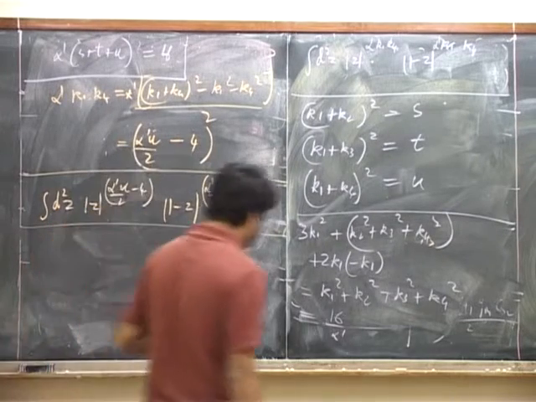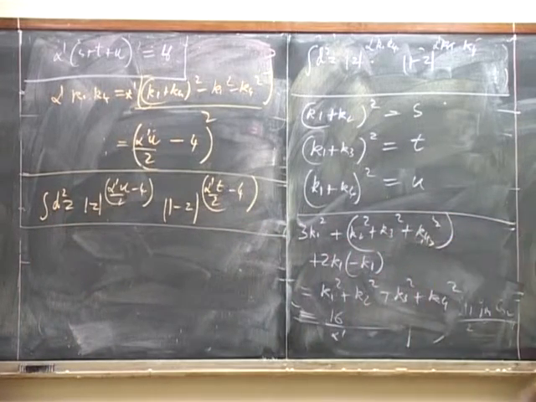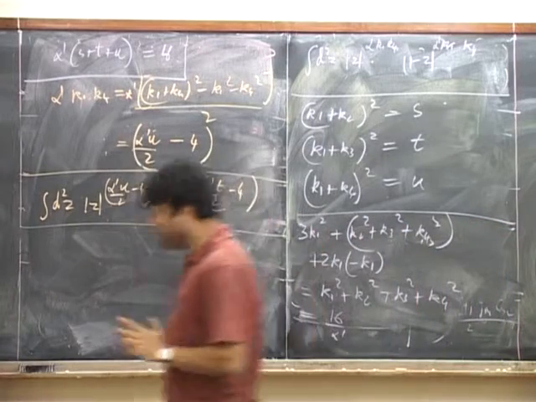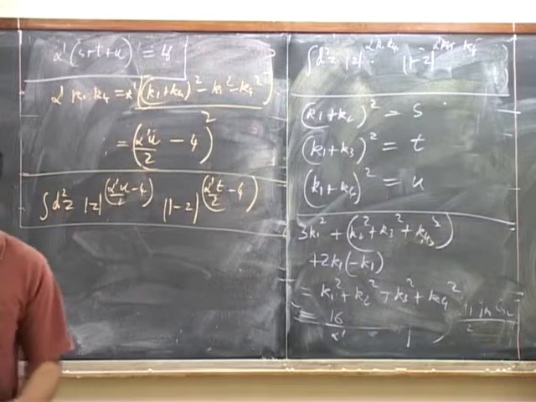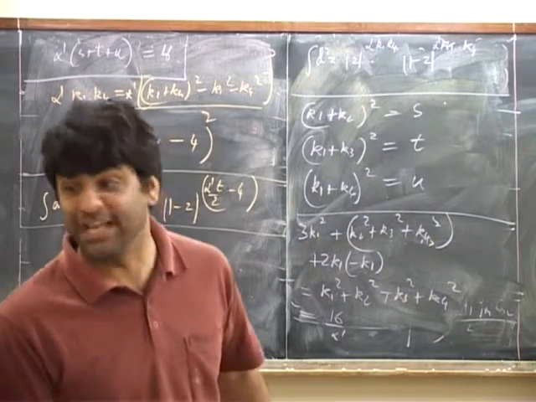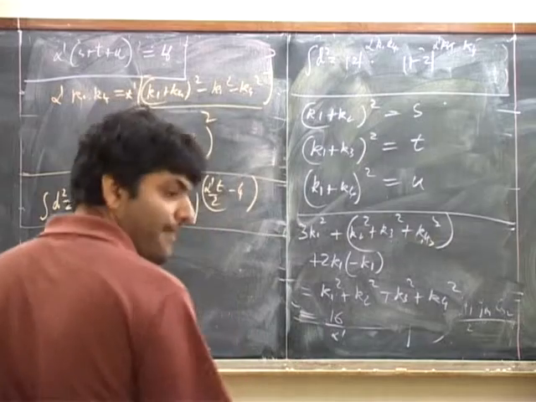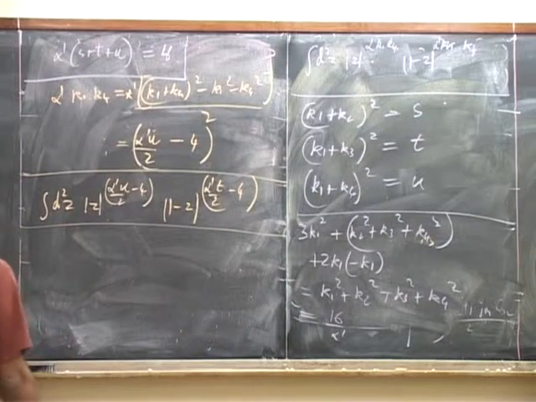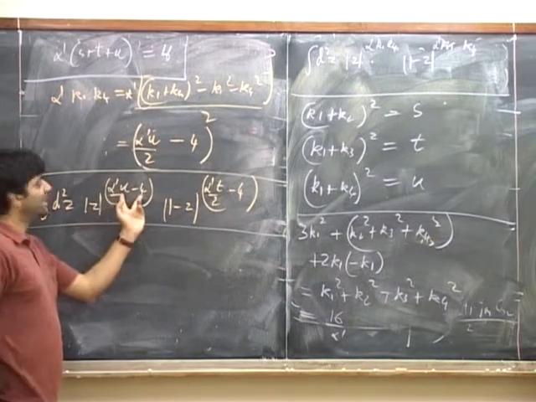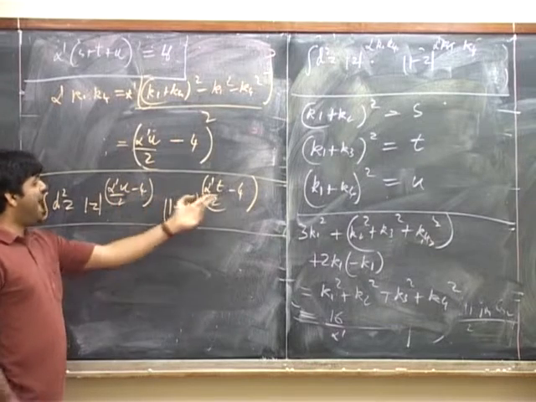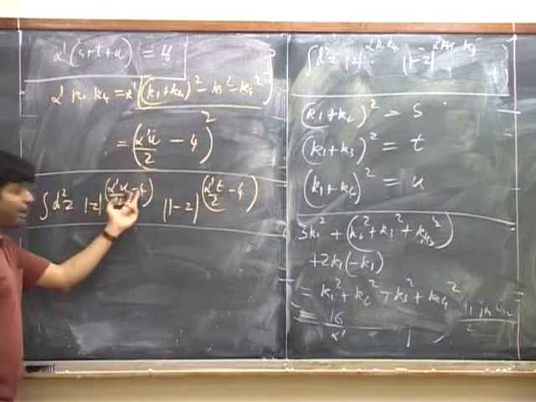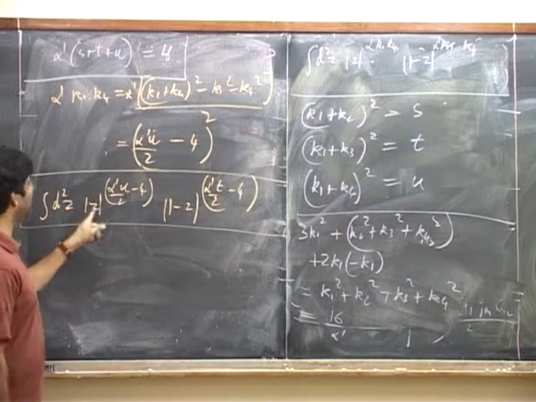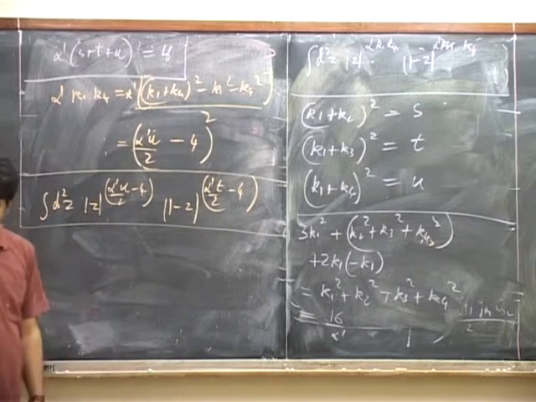The first point I want to make is that when you look at this formula, you might wonder whether this defines a convergent integral. Suppose this power was smaller than -2 and this power was smaller than -2. Then the integral will diverge at 0.